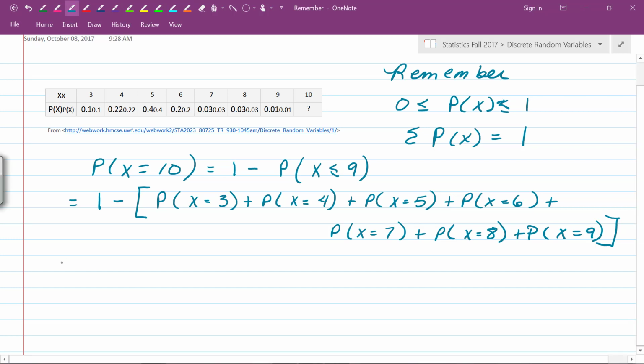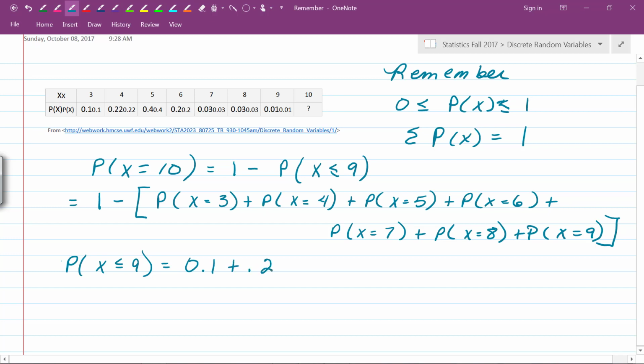We're going to say the probability that x is less than or equal to 9 is going to be equal to, I can see that my entries up there are a little bit doubled, so I'll have to pay attention to that.